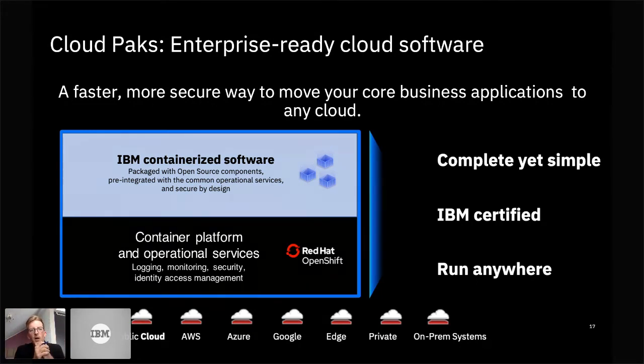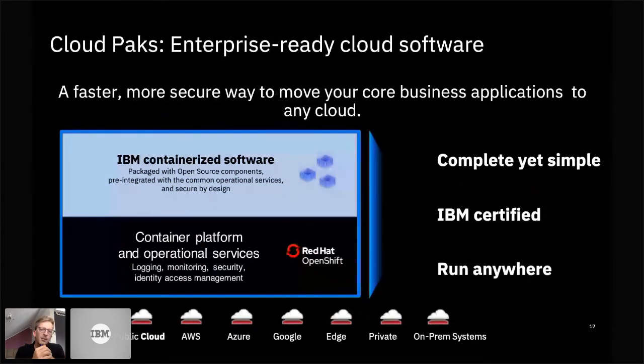There are different versions of the Cloud Paks, and this is just a way to consume OpenShift on Z. This is the way OpenShift on Z is going to be sold. They also run on any kind of system, so you don't have to worry about it. It's all OpenShift based, and it comes with the IBM certification and the IBM service model.